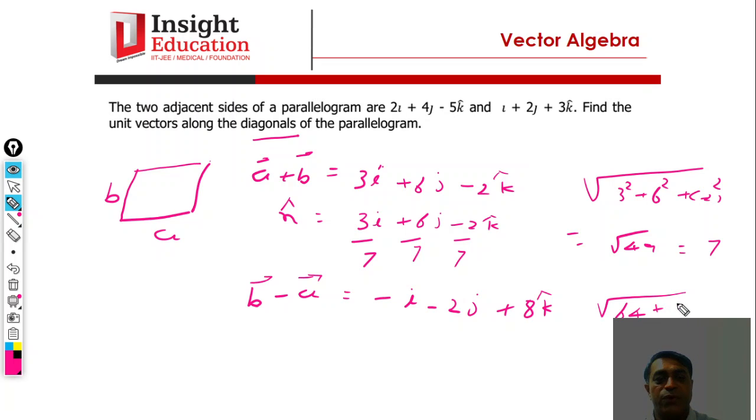So 64 plus 4 plus 1, so 69. So divide it by under root 69. So that is 3 minus minus plus 8. Clear? So remember two diagonals, one a plus b, second a minus b.